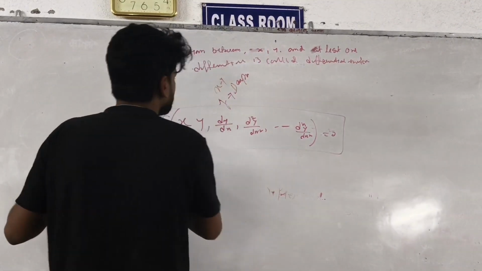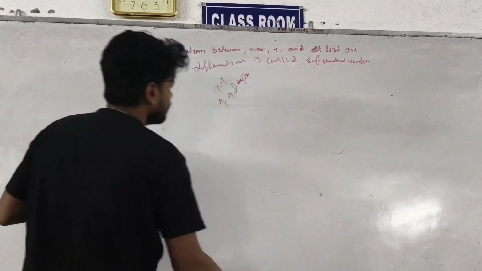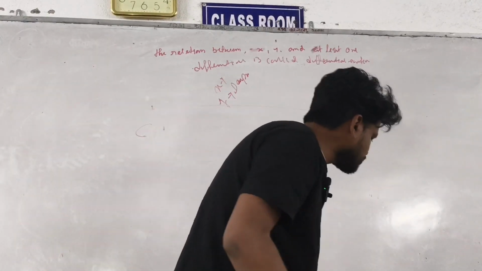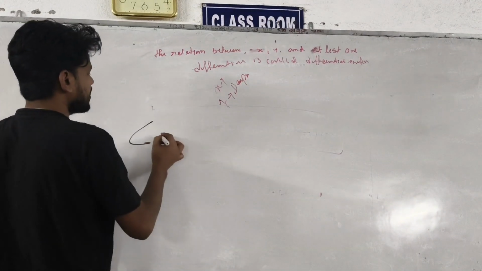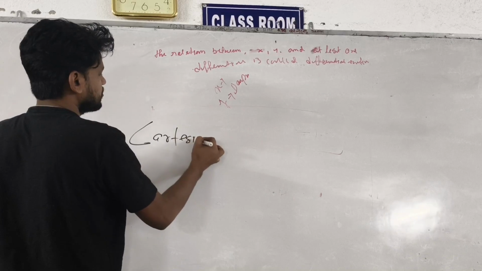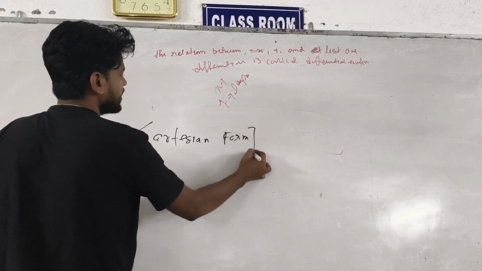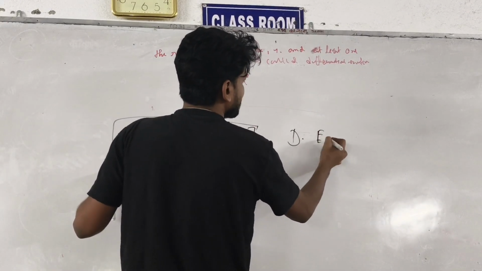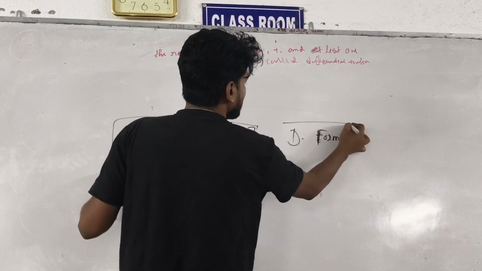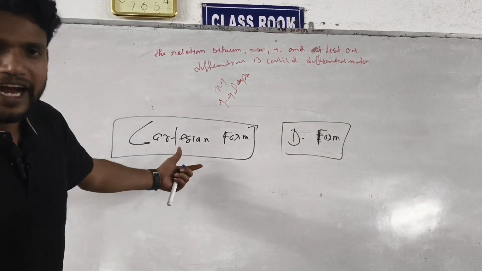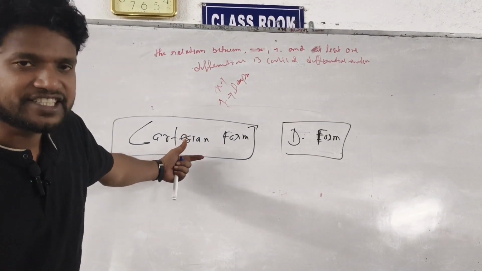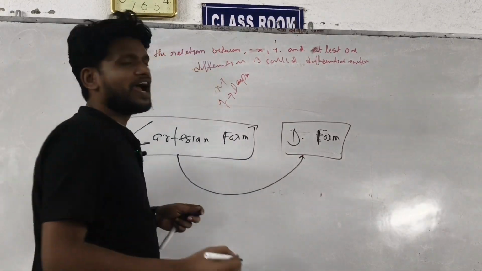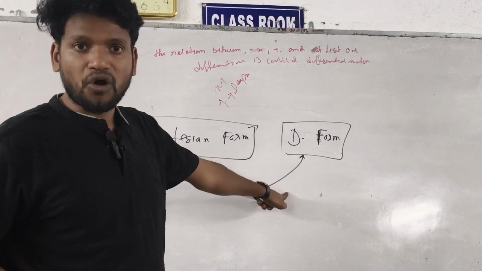So there are two main aspects of this chapter. This is the Cartesian form, and this is the differential form. At first we determine the Cartesian form, then go from the Cartesian form to the differential form.